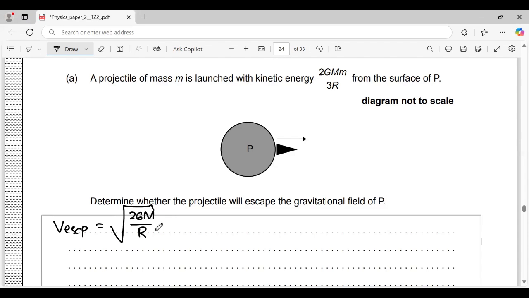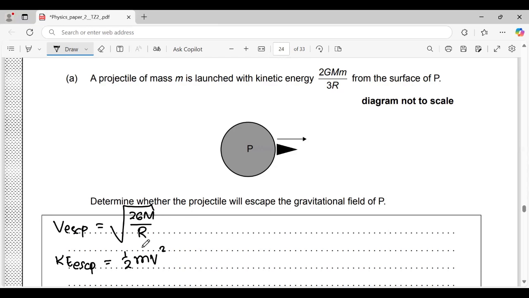The kinetic energy needed to achieve this escape velocity: kinetic energy escape equals half mv squared.